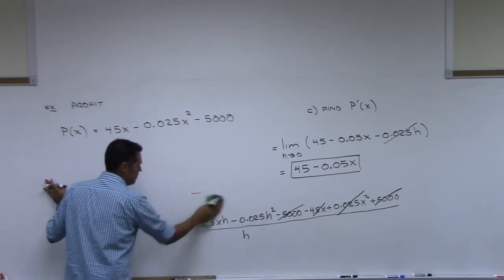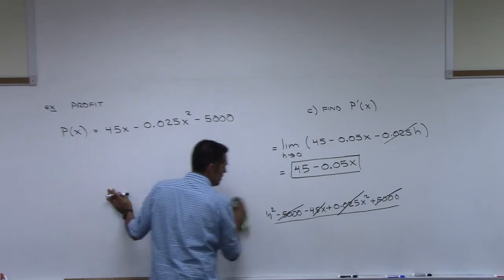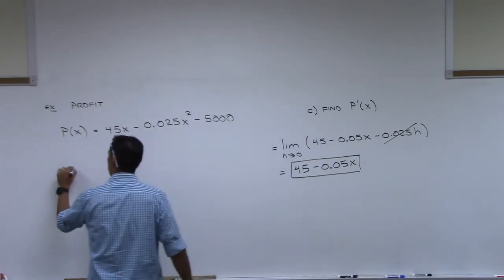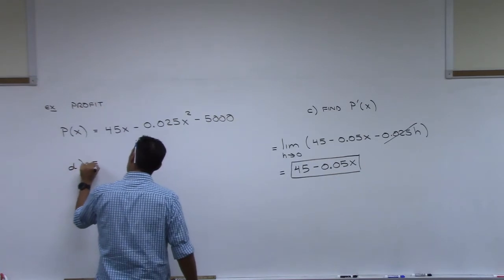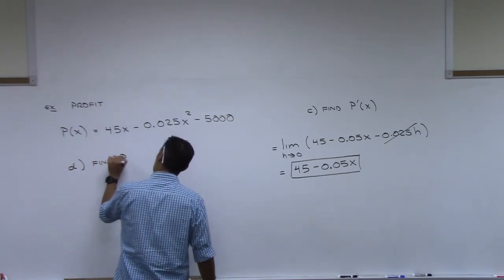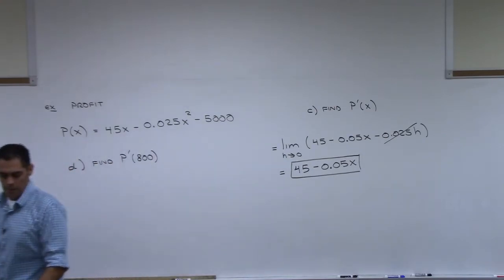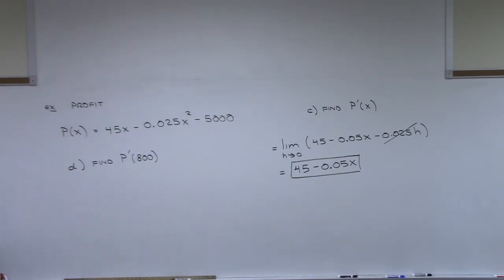All right, here we go. That was part C, right? Now let me ask you part D. Find P prime of 800. So that just means plug 800 into that.